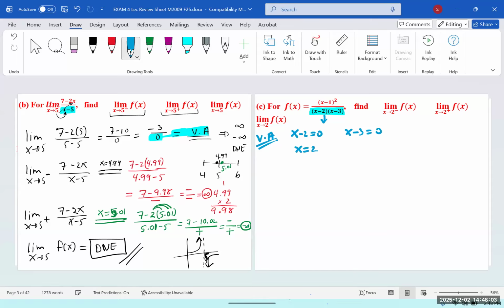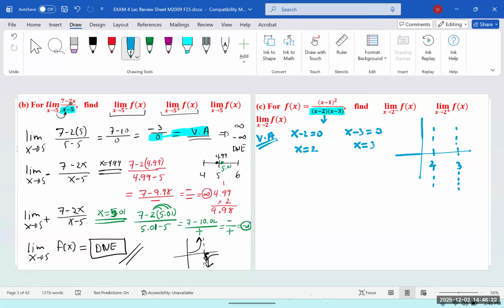So x equals 2 and x equals 3. It means our graph breaks into two pieces. When x is 2 and when x is 3, there is a vertical line that divides our graph into different pieces.